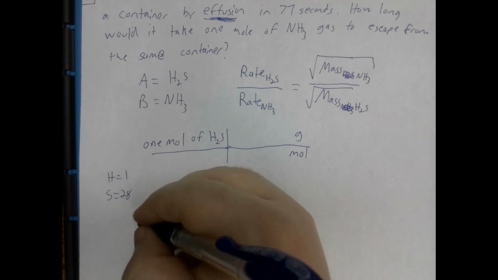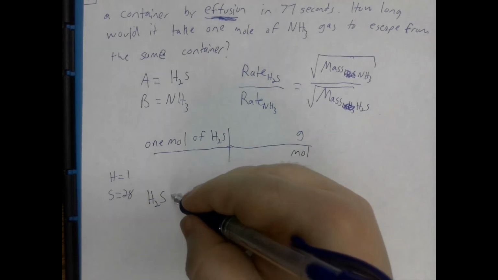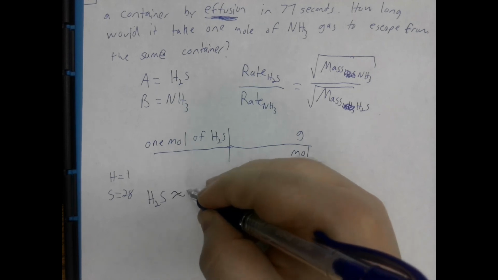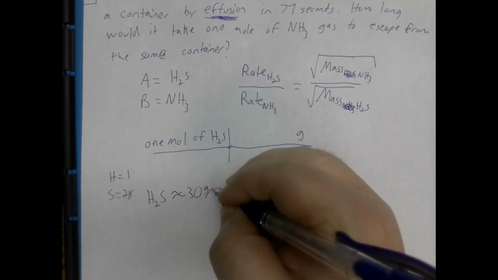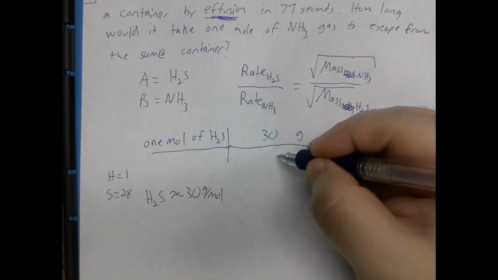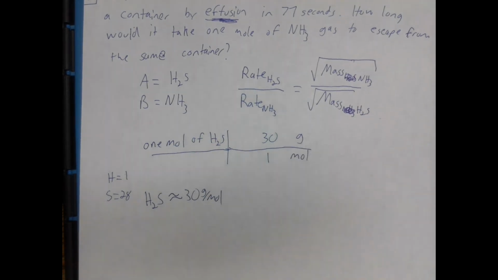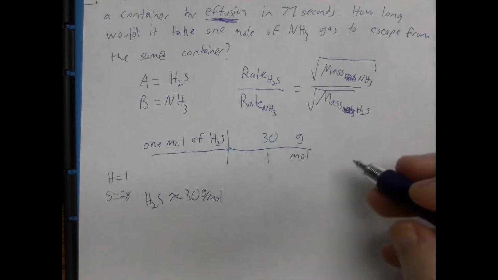So H2S, hydrogen sulfide, has about 30 grams per mole. Again, that's just the molar mass. You can get the exact values off the periodic table.